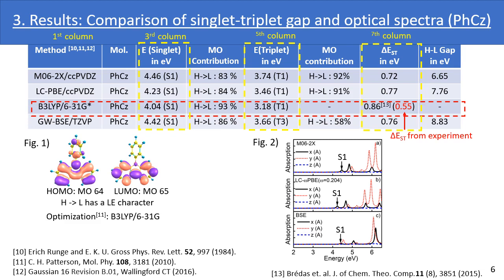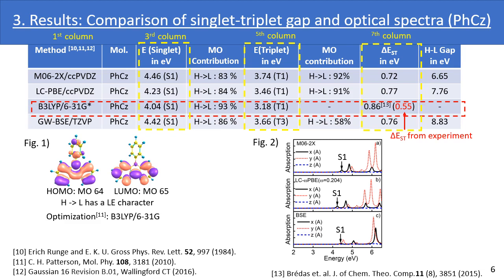However, to effectively compare the singlet-triplet gap, we should compare the wave functions across the methods. For instance, if we subtract the energies of the first singlet and the first triplet for the M06, we see that the resulting singlet-triplet gap is 0.72 electron volts. Similarly, for LC-omega-PBE, it is 0.77.